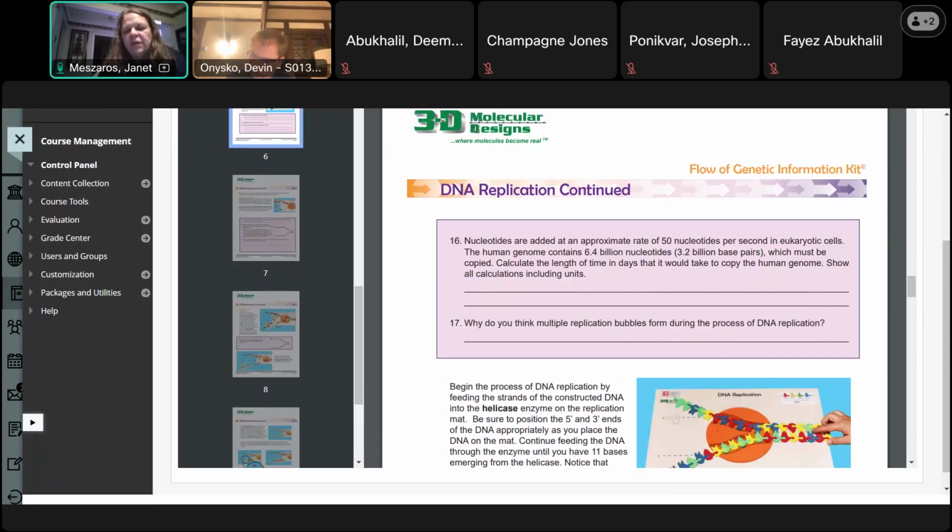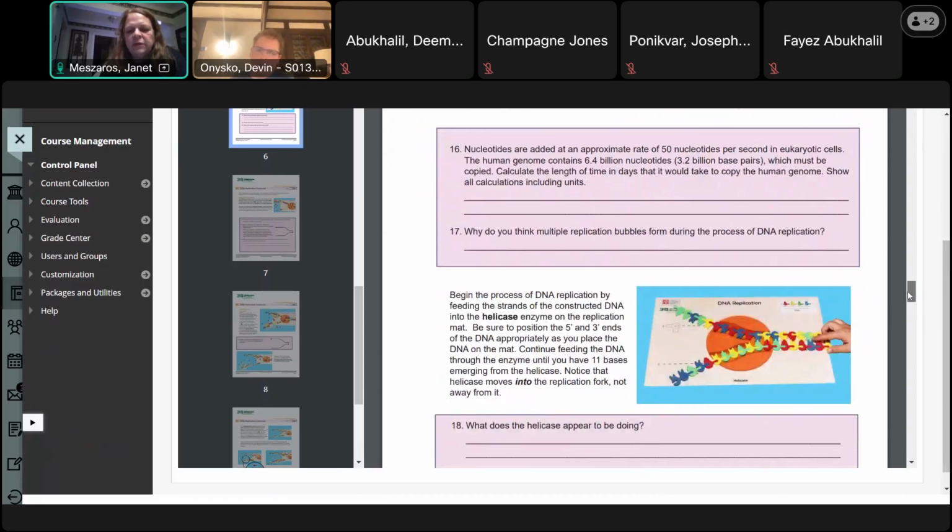And it tells you to be sure to position the 5' and the 3' ends of the DNA appropriately as you place the DNA on the mat. There would have been a big mat. Continue feeding the DNA through the enzyme until you have 11 bases emerging from the helicase. So what would have happened is you would have just been adding new bases to the stuff that you unwound.